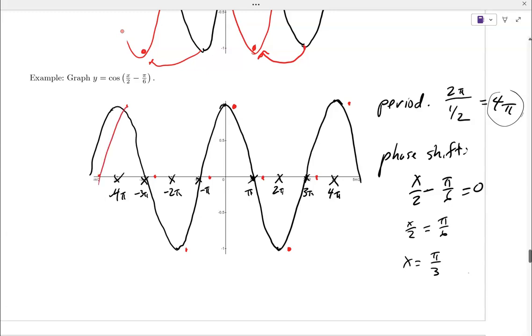And we get the same exact graph, just offset a little bit. That's why we call it a phase shift, right? It's just been moved a little bit. Questions on that?